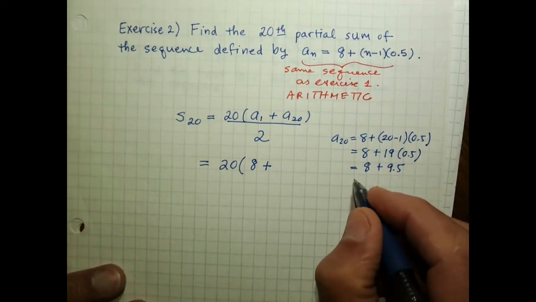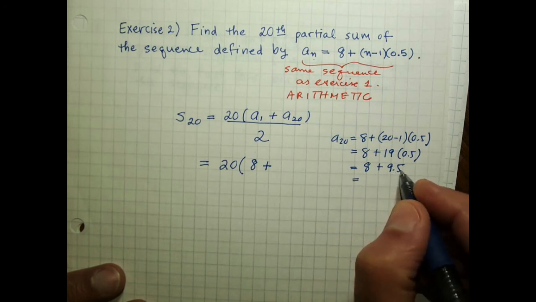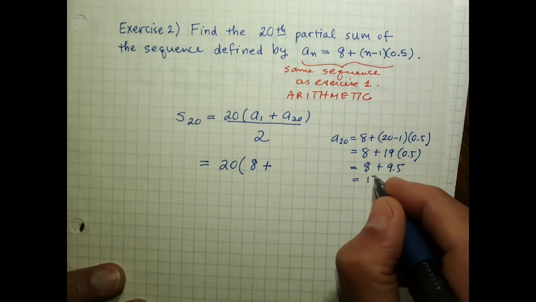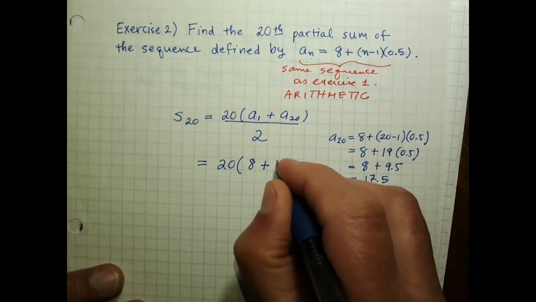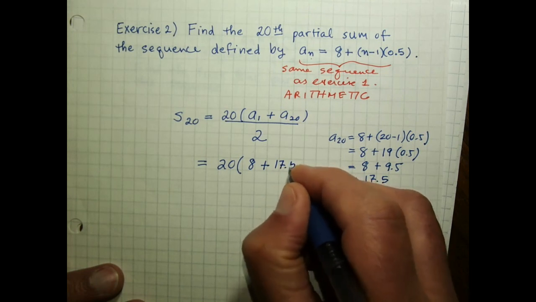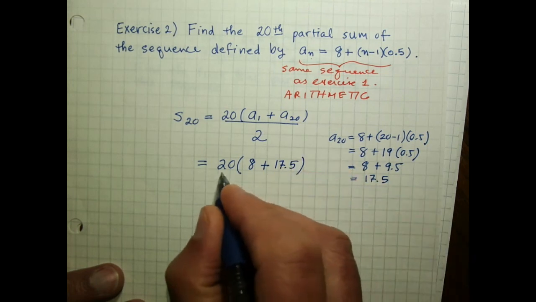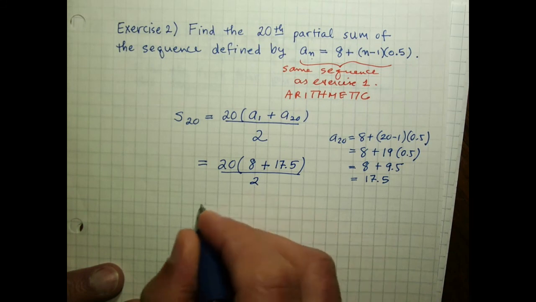And so when I add 8 plus 9.5, I got 17.5. There's my a20. So I'm going to plug in here 17.5, and I still got to divide by 2.